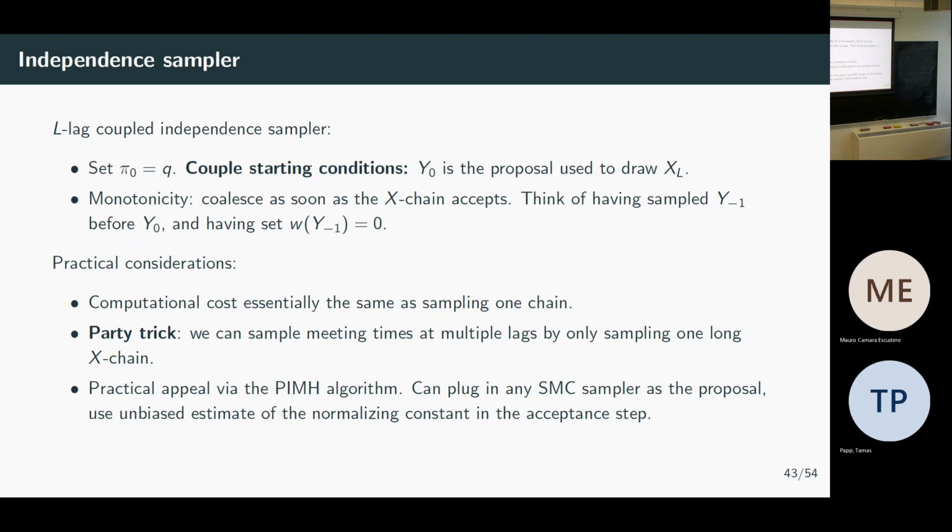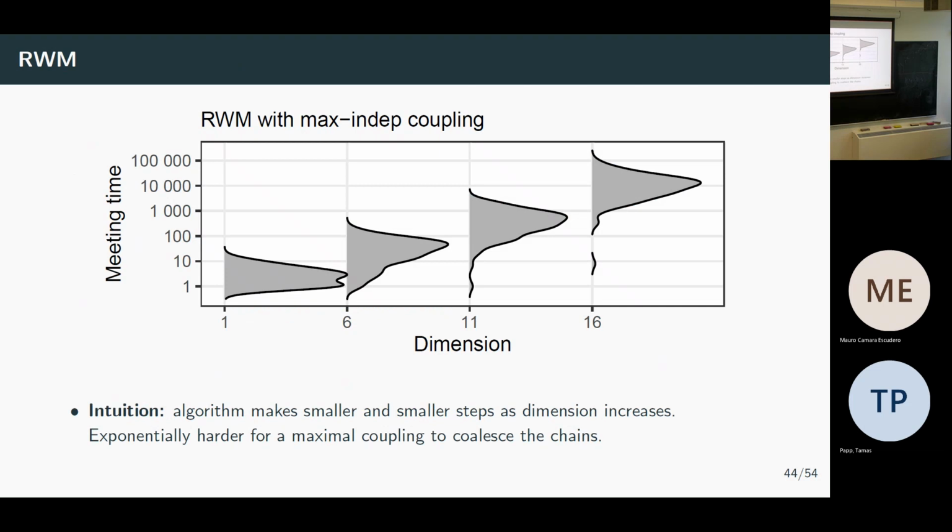So if you're interested in using a particle filter as a proposal in an independent sampler, then you can use as big of a lag as you want, essentially, by just running long enough chains and then post-processing. Right. So that's the independent sampler.